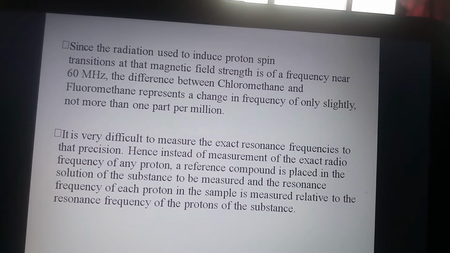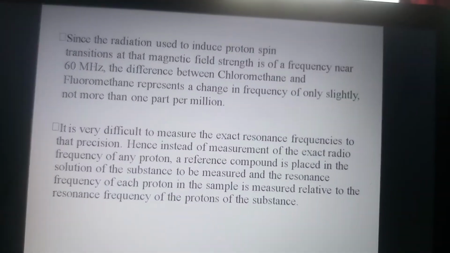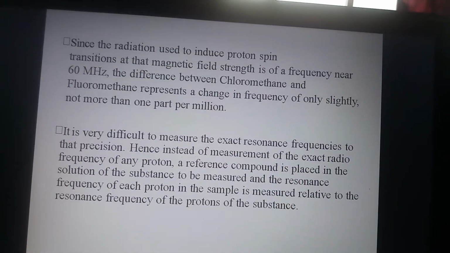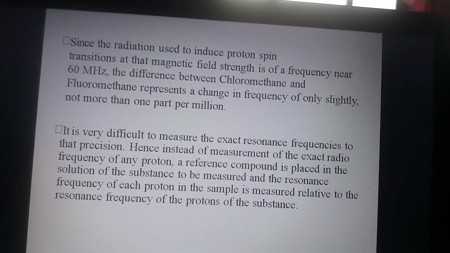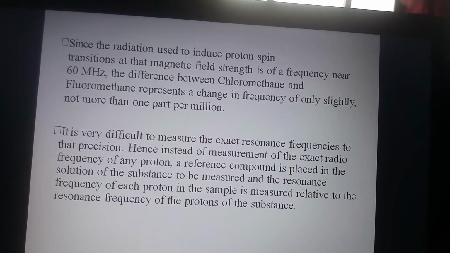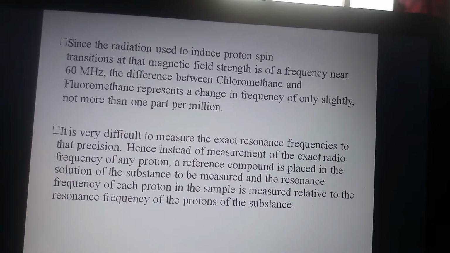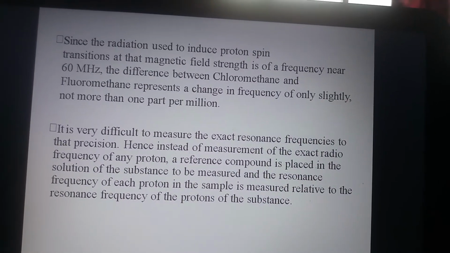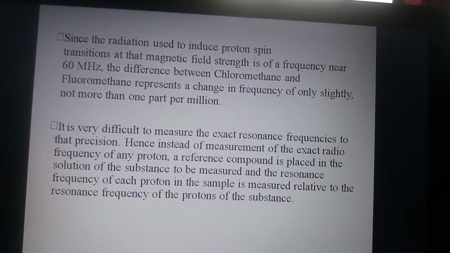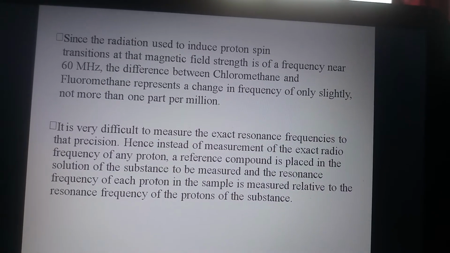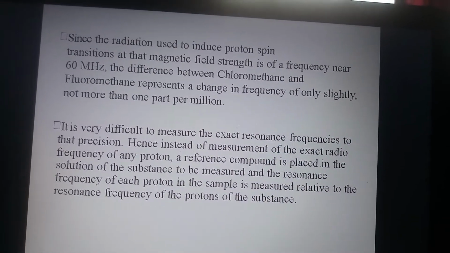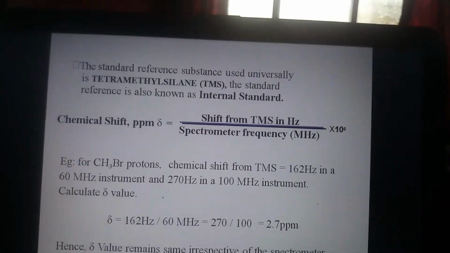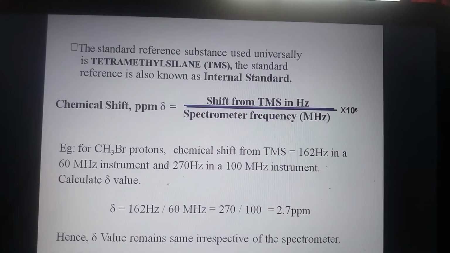Hence, instead of measuring the exact radio frequency of any proton, a reference compound is placed in the solution of the substance to be measured, and the resonance frequency of each proton in the sample is measured relative to the resonance frequency of the protons of the reference substance. That is our reference. Here is the mathematical relationship.